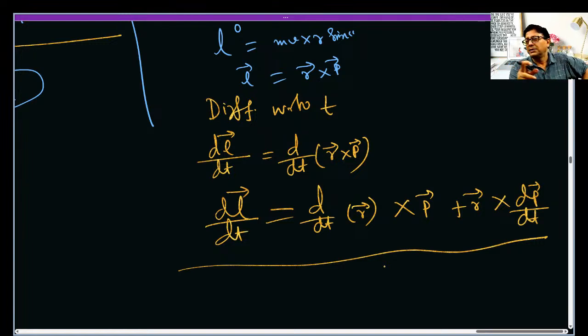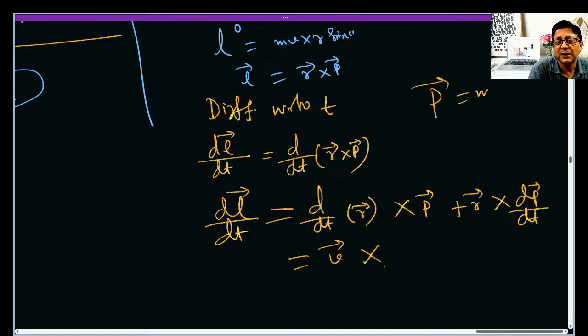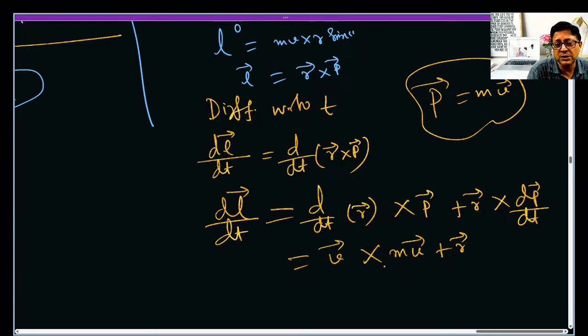The rate of change of position vector is the velocity vector. V is dr by dt. So write v over there, cross p, which is mv, plus r cross dp by dt. What is dp by dt? Force. Rate of change of momentum. r cross F.